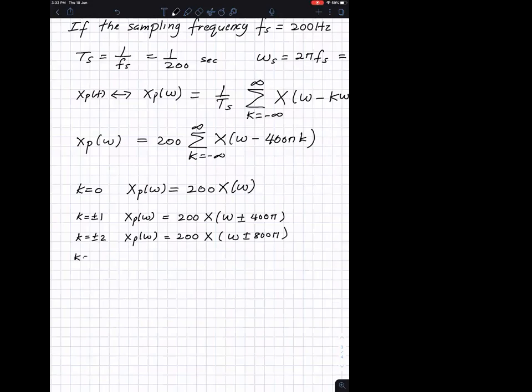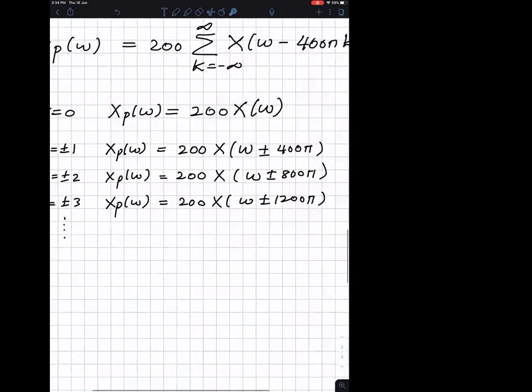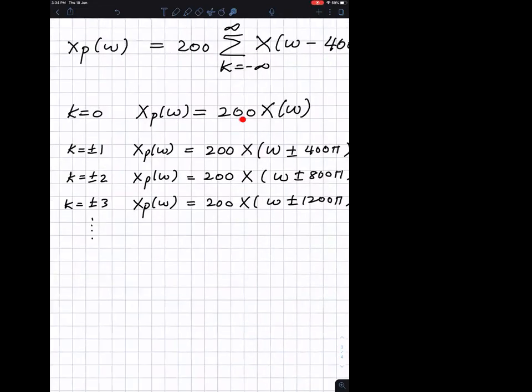And k is plus minus 3, which gives plus minus 1,200 pi. Amplitude is 1, so 1 times 200 is 200.